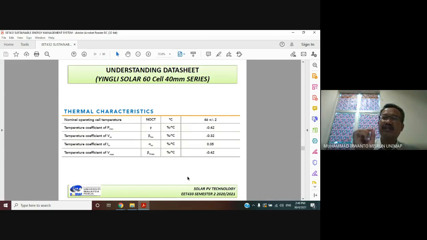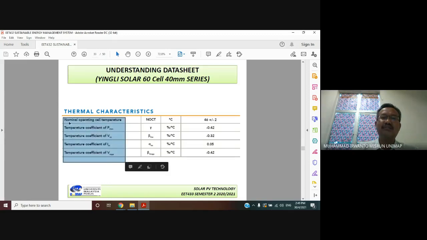The temperature coefficient can be obtained based on the open circuit voltage, short circuit current, maximum power, or maximum voltage. This value is given by the datasheet, in percent per degree Celsius: the temperature coefficient of the open circuit voltage, of the short circuit current, and of the maximum power point voltage.